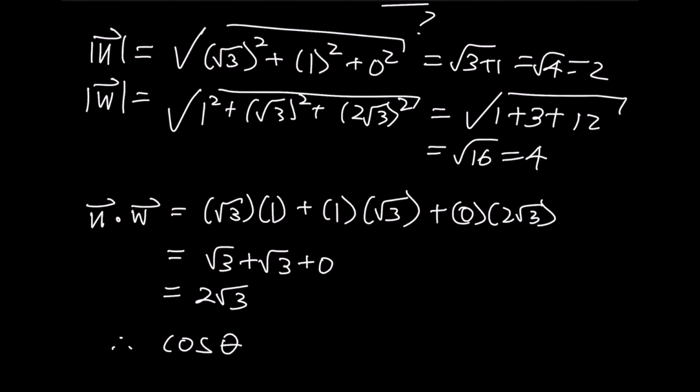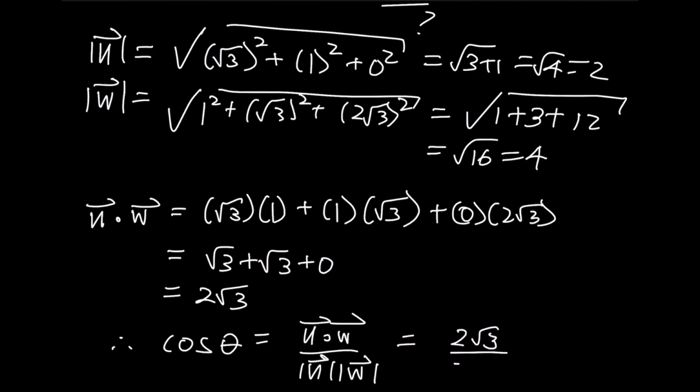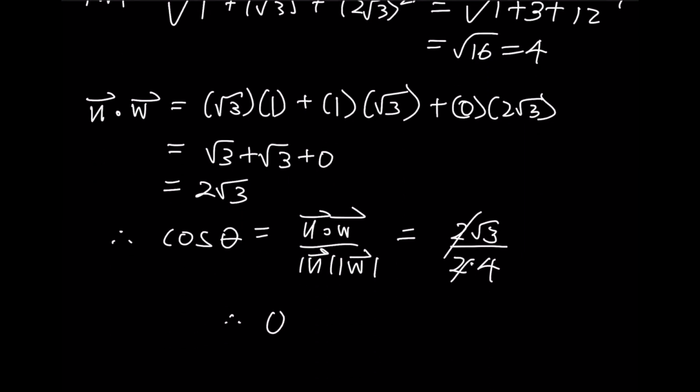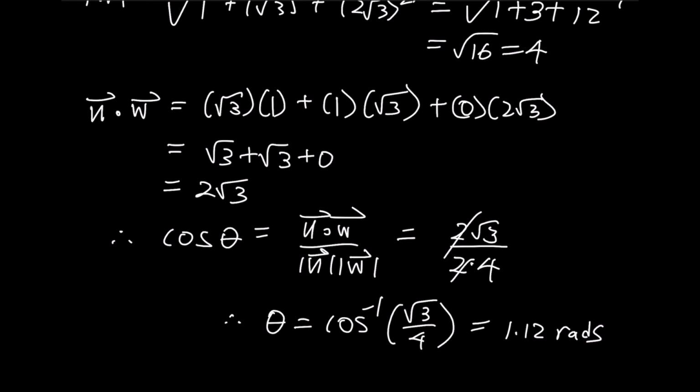Cosine of theta is going to then be u dot w over the product of the lengths of those two. So I'll get 2 root 3 over 2 times 4. And that means that theta would be the inverse cosine of root 3 over 4. Now remember, theta has to be between 0 and pi. So this, if you use a calculator, is about 1.12 radians, which is about 64.3 degrees.